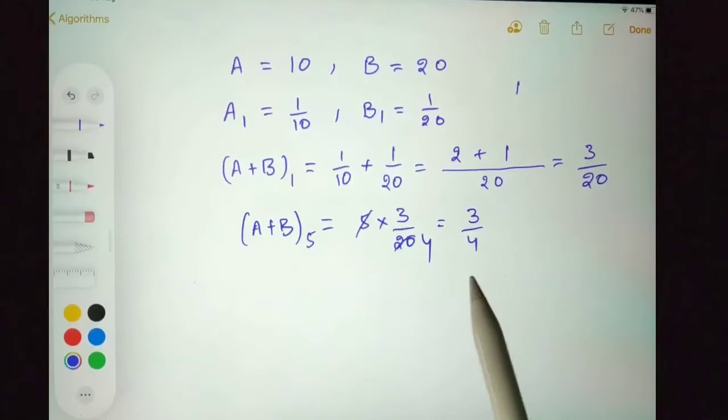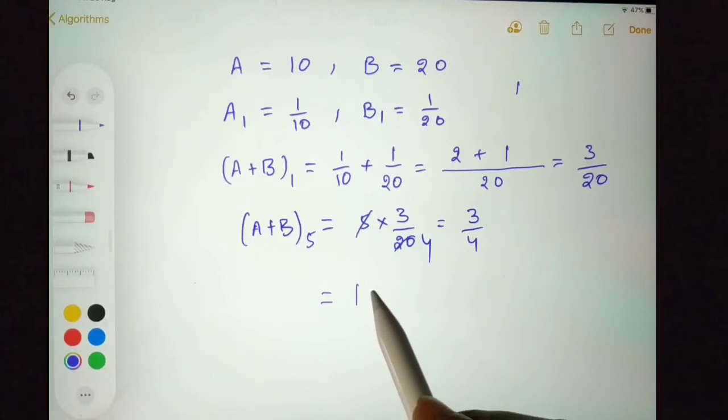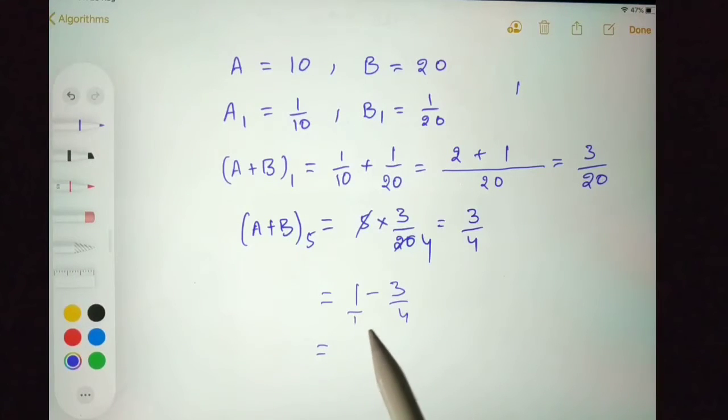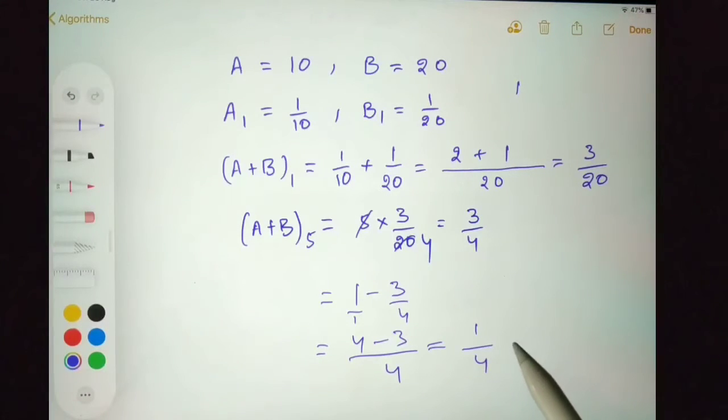If we want to know how much is remaining, we need to subtract this 3 by 4 from 1. 1 minus 3 by 4. Here we take LCM of 1 and 4 and we get 4. 4 divided by 1 is 4, and 4 divided by 4 is 1, and 1 into 3 is 3. Finally we get 1 by 4. So this is the remaining work.